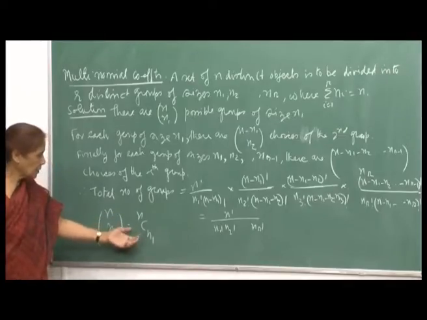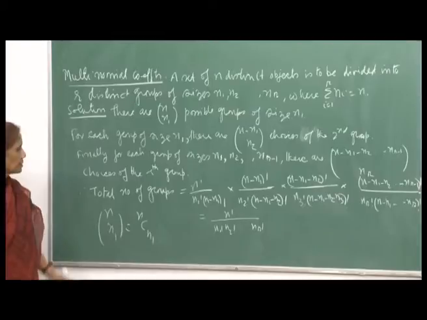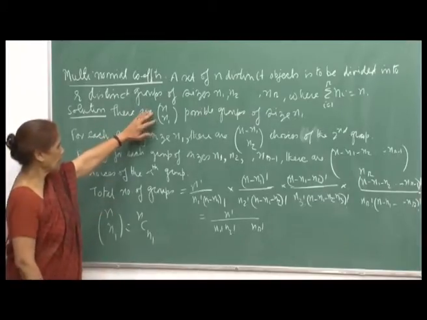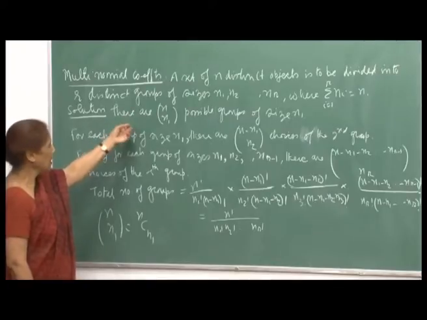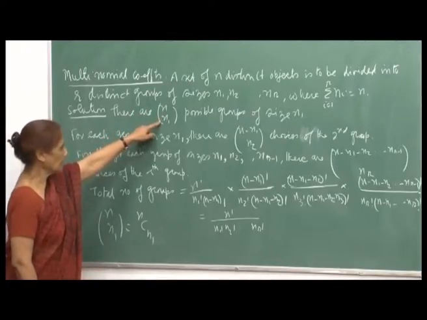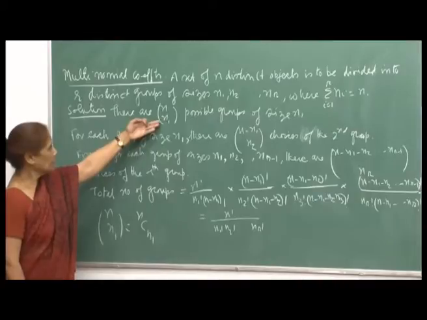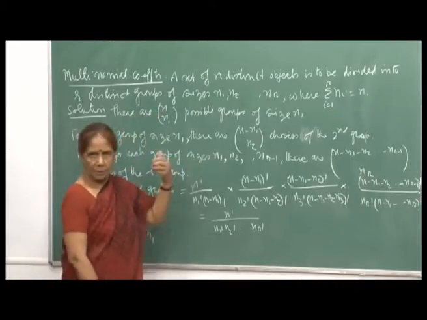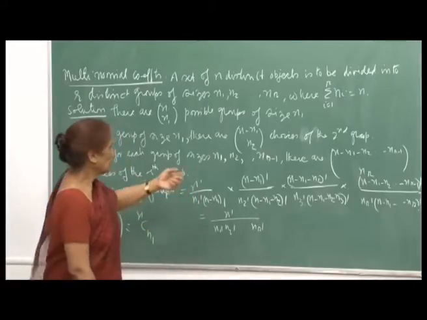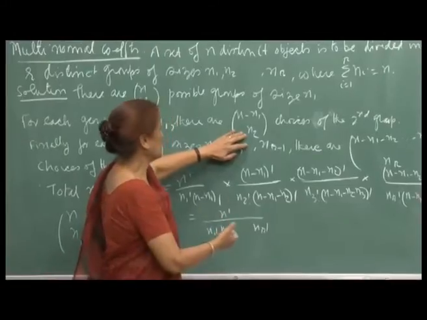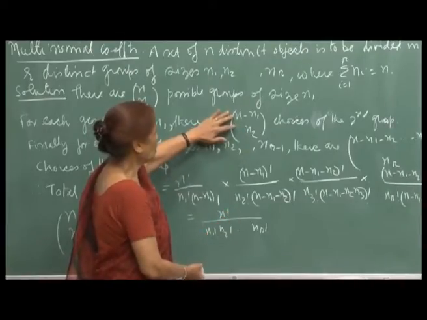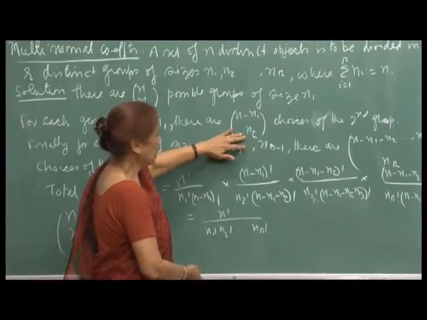So, what are the possible number of ways? Any of these notations is acceptable, fine. So, the number of groups of size n 1 would be n choose n 1. Then since I have already chosen n 1 objects out of n, I want to choose the second set of objects, which must be n 2 in size, so out of n minus n 1 I want to choose n 2.